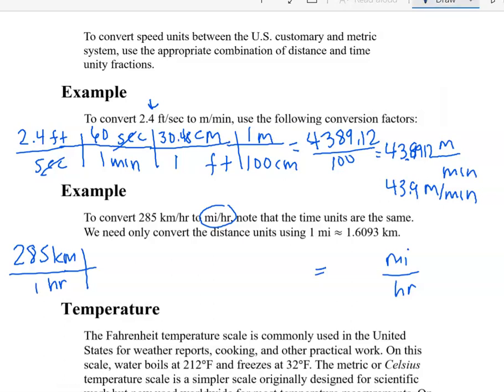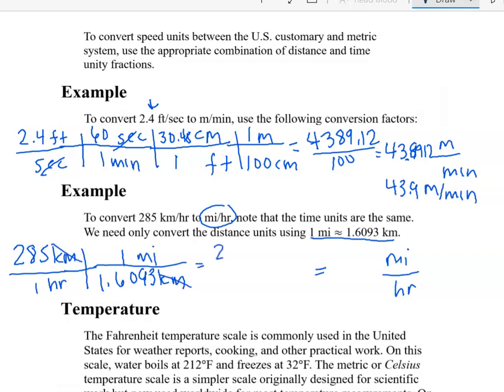So it gives me 1 mile is 1.6093 kilometers. So these are going to cancel out.